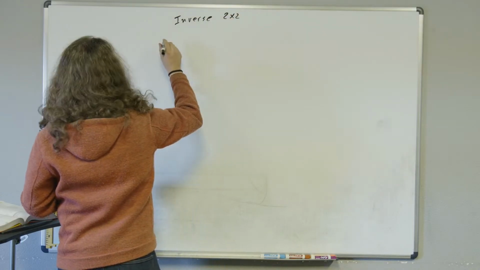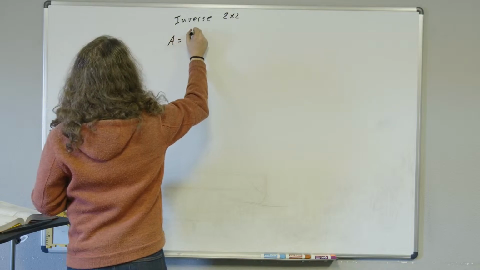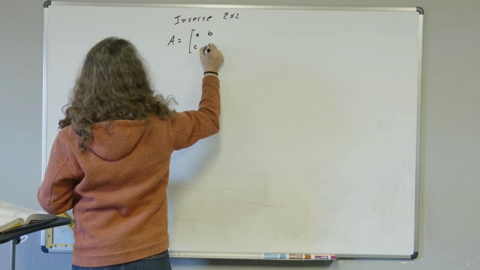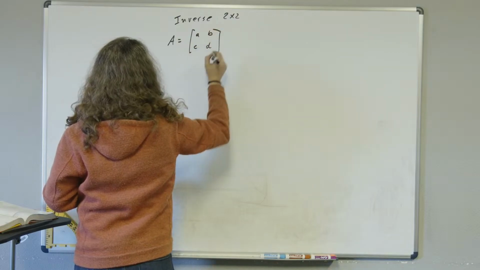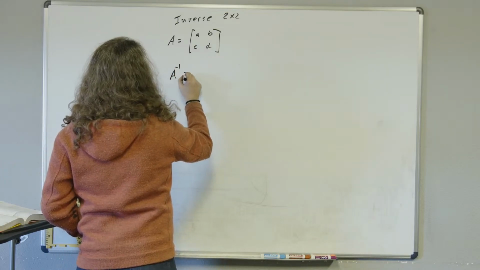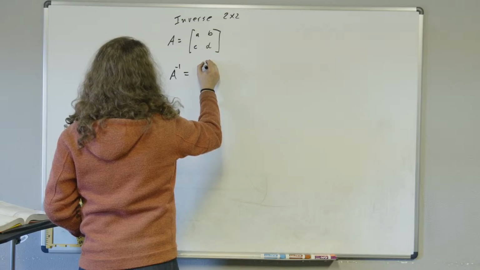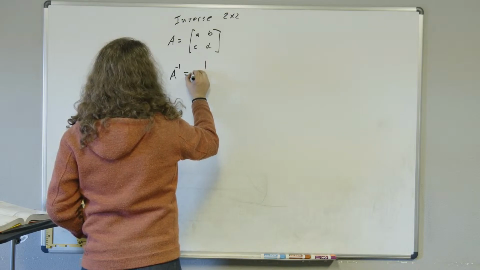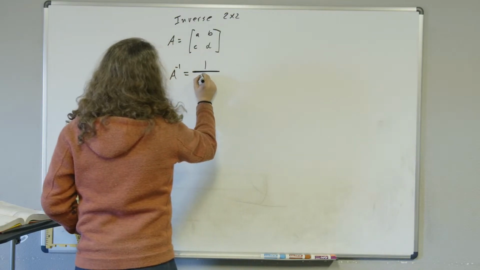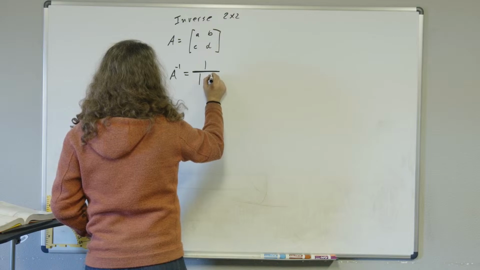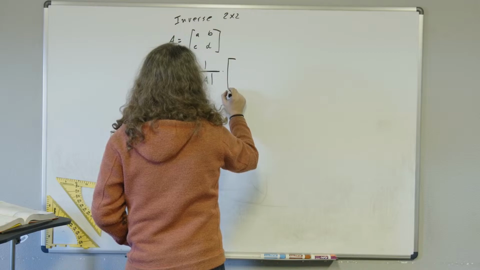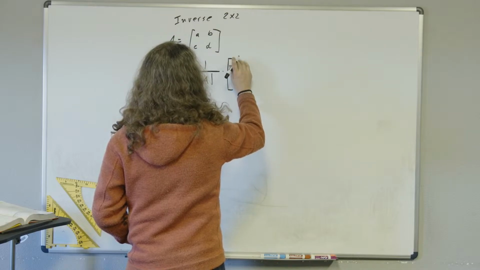If A is this matrix, A, B, C, D, then the inverse of A is, I'm going to write it in a shorthand version and then a longhand so we can remember a thing all at once. It is 1 over the determinant of A times this matrix.